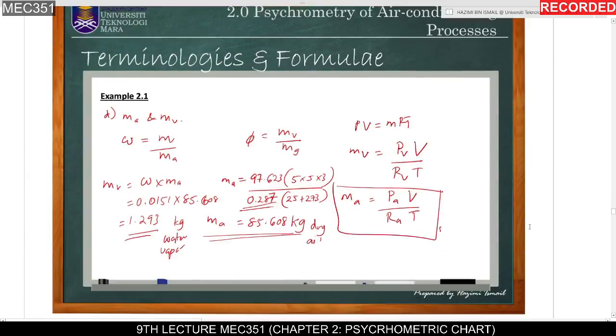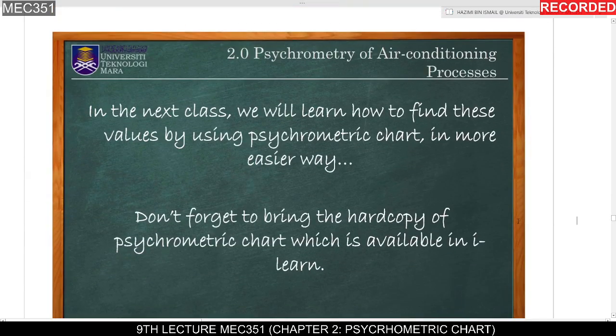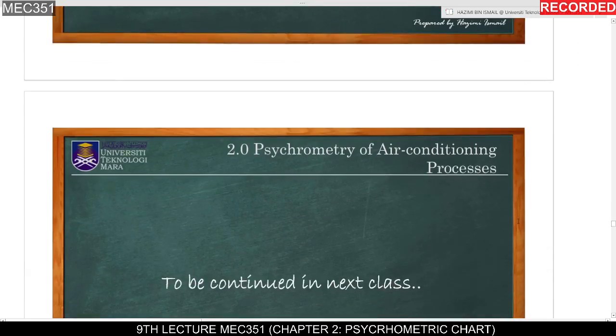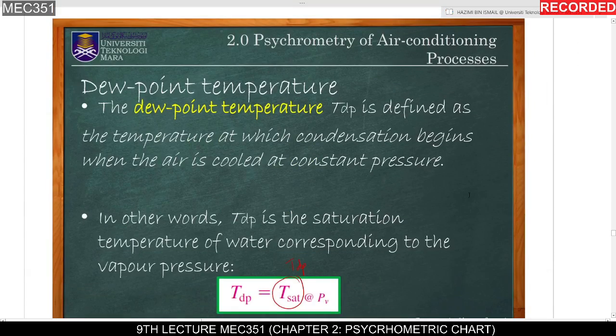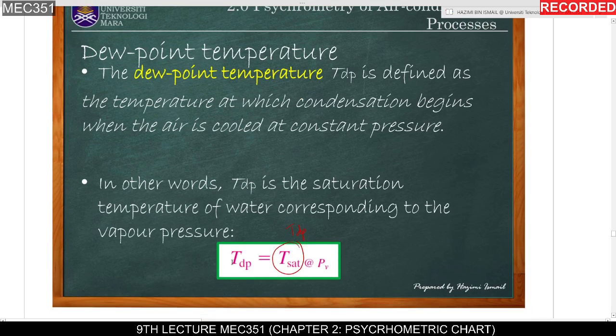So for today, we will continue with the psychrometric chart and a little bit about the dew point temperature. The dew point temperature is defined as the temperature at which condensation begins when the air is cooled at constant pressure. So the formula of TDP, the dew point temperature, is equal to the saturation temperature at that pressure.